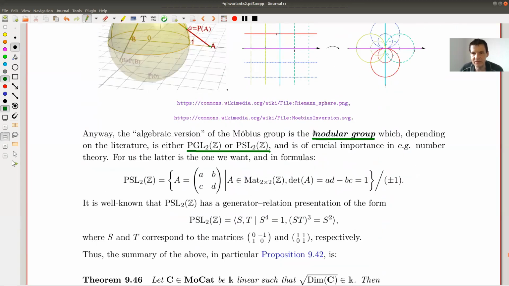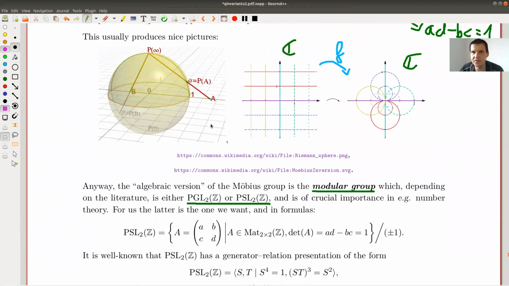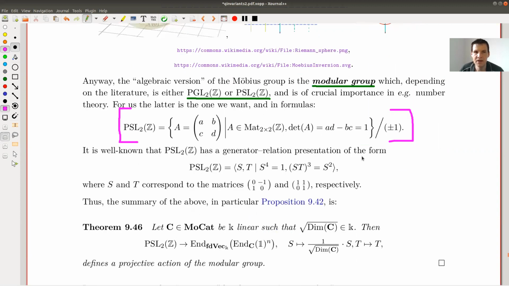Depends a bit on the literature. So this is Mobius. Either this one or this one is a modular group. And the one we like is actually SL2. Same thing, but just determinant is 1.